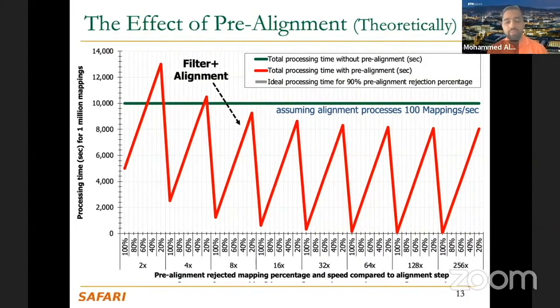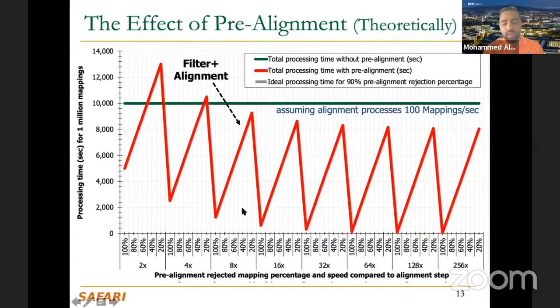Again, we will have the execution time for the filtering for the entire data set, which is 1 million pairs. And remember, the filter is 2x faster than the aligner, so we need 5,000 seconds just for filtering, plus whatever the execution time is for the aligner for the 80% of the pairs. This way, we are increasing the execution time because we add an overhead for the filtering and we reject only a minimal number of pairs.